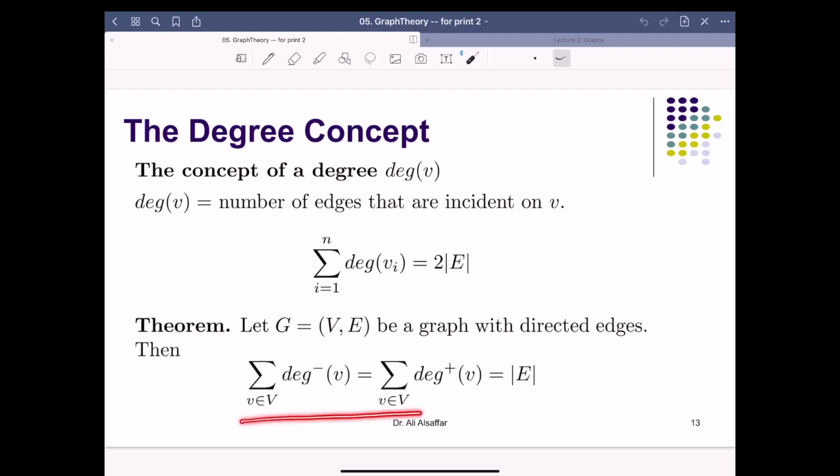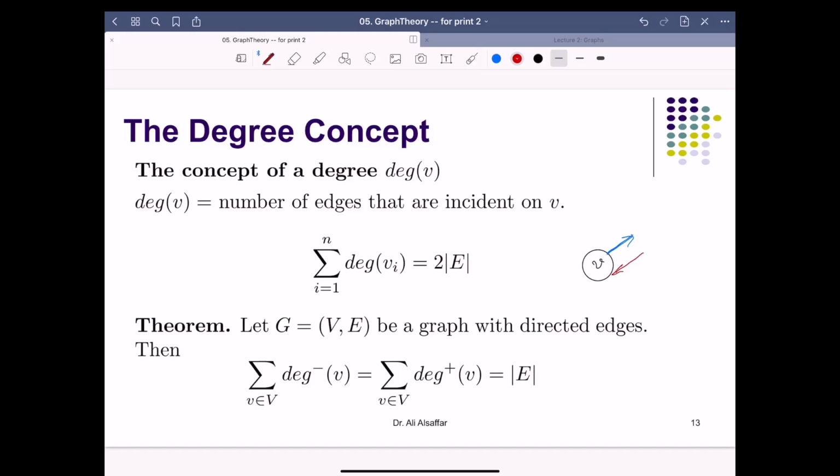And for directed graphs, since we have arrows on the edges, we have to differentiate between arrows that are going out from the vertex and arrows that are going into the vertex. For example, if this is our vertex and we have a label inside it, we have two cases: arrows that are going out and arrows that are going into the vertex.